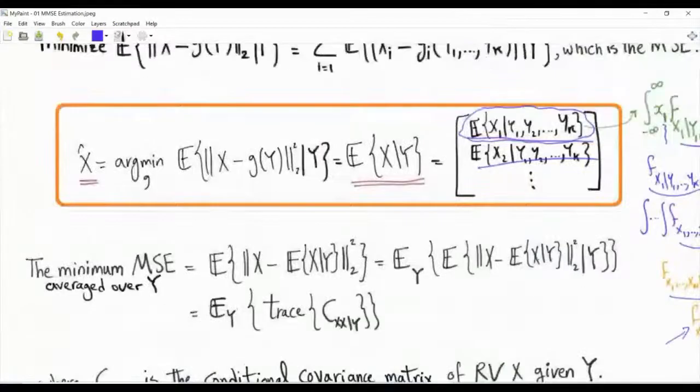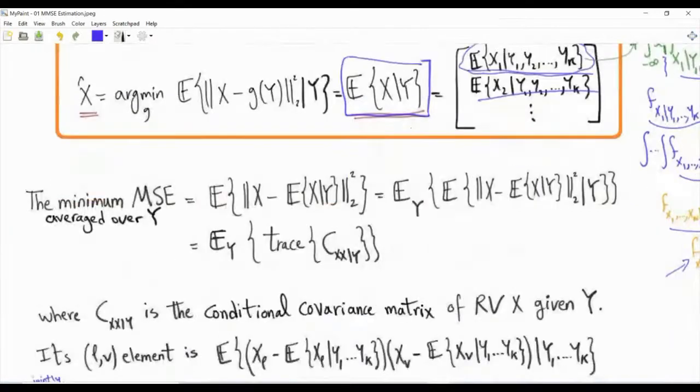Okay, so the most important thing here is that to minimize the mean squared error, we use the conditional expectation. And now what will be the minimum mean squared error? Typically when we report this result, we do averaging over y, averaging over the observations or the measurements.